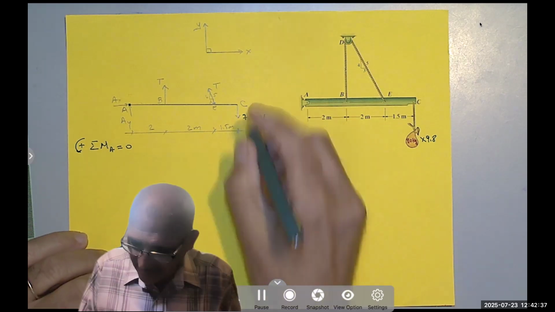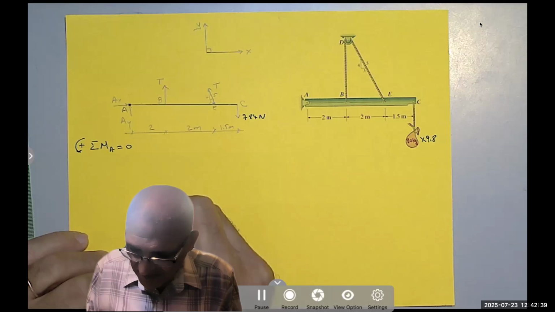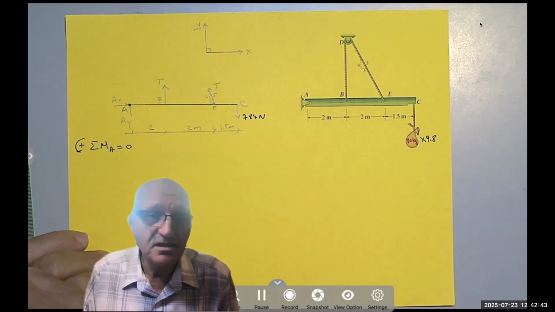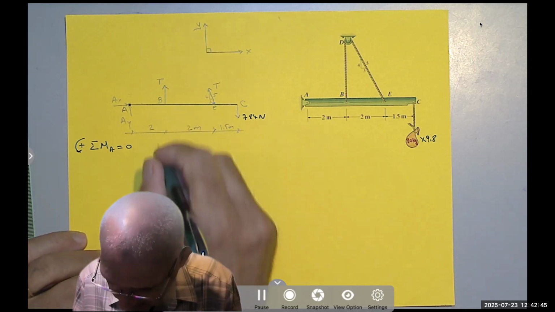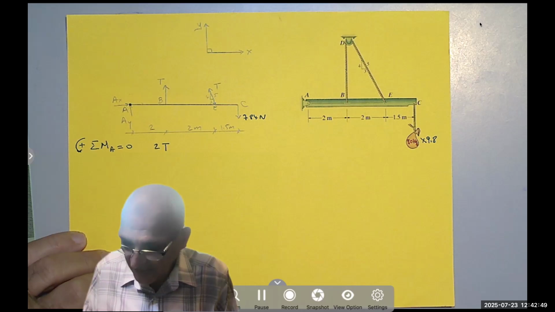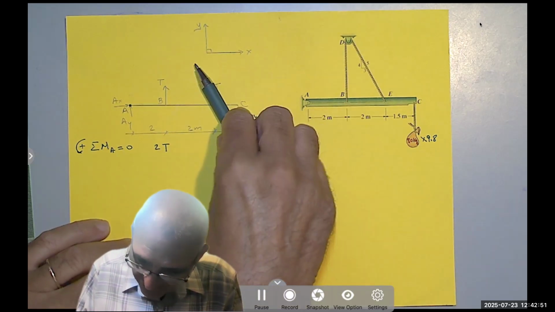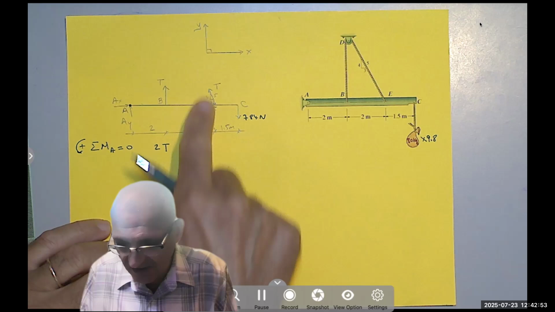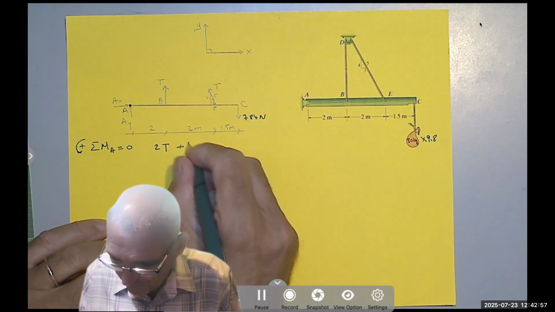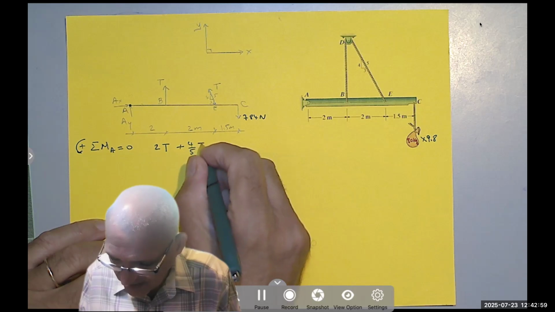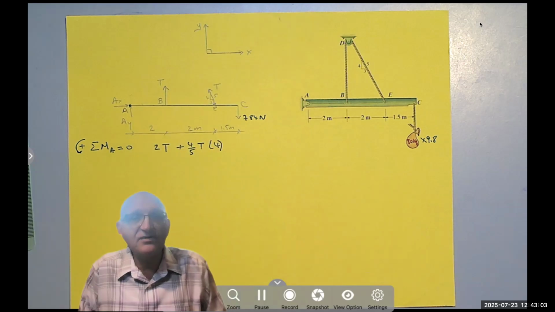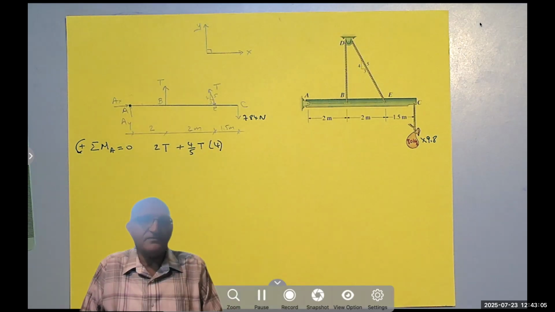Okay, so now I have the 784 rotating clockwise and the T's rotating counterclockwise. So this T times 2 is positive. And 4/5, you see the vertical is 4 out of 5. 4/5 of T times 4 is also rotating counterclockwise, so it's positive.